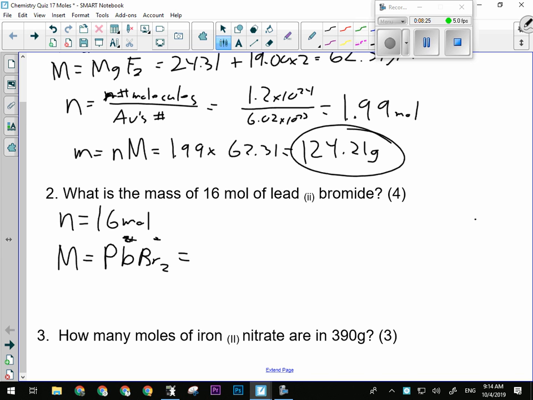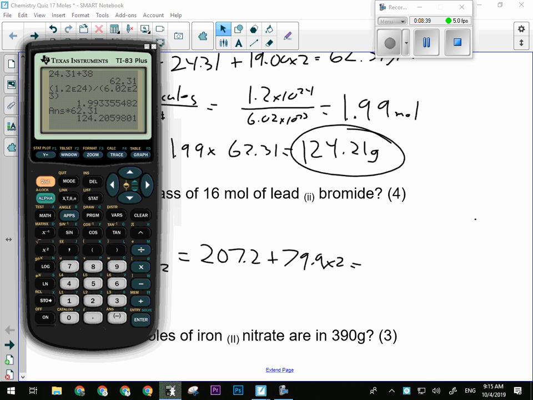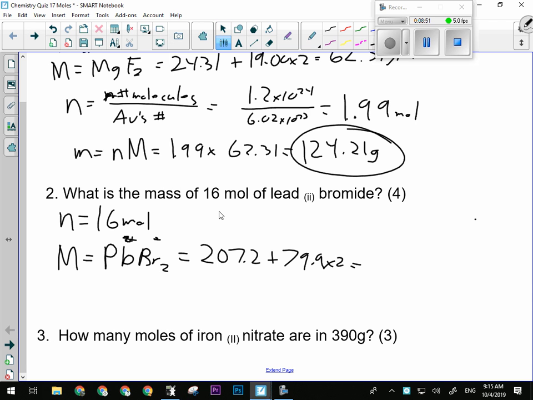Lead is 207.2, plus 79.9 times 2. That's 367 grams per mole.